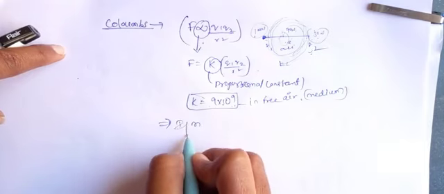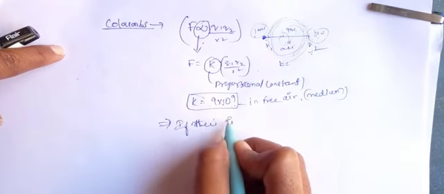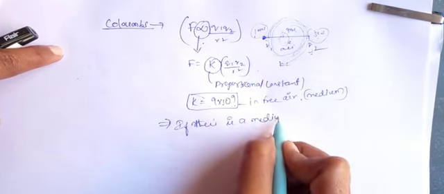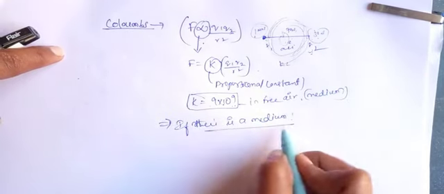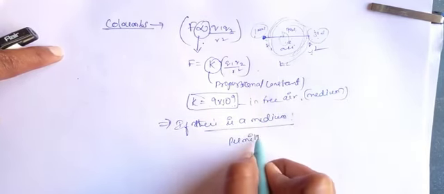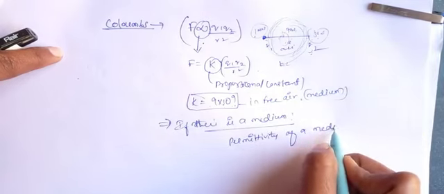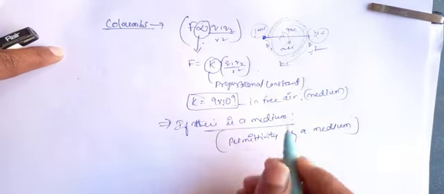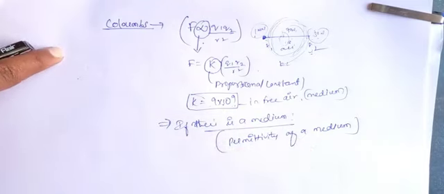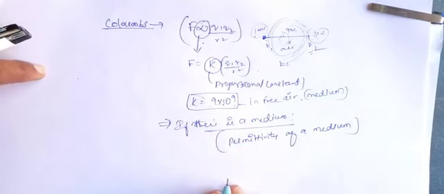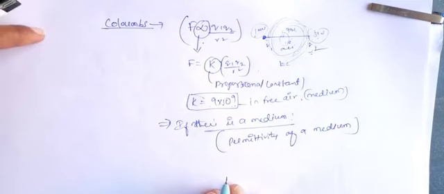So if there is a medium between them, then the permittivity of the medium is the ability of the medium to allow the force of the first charge.